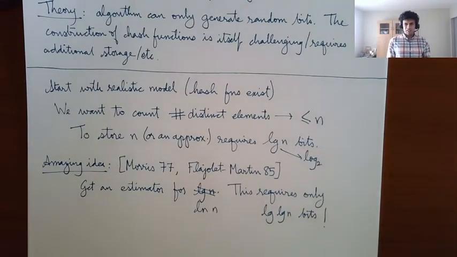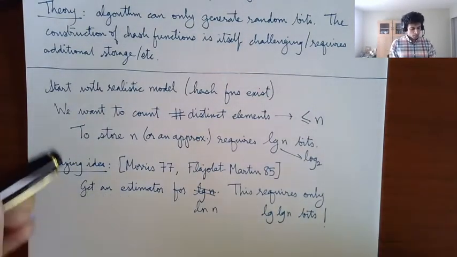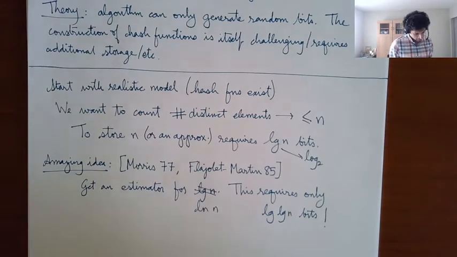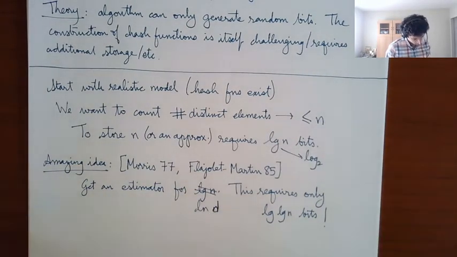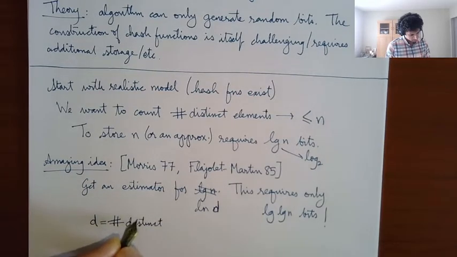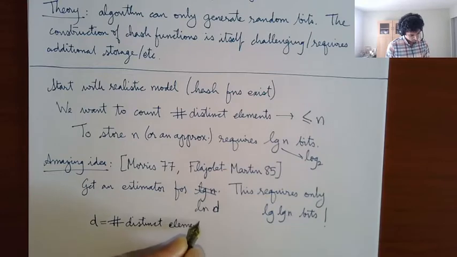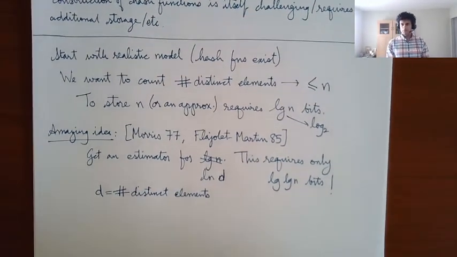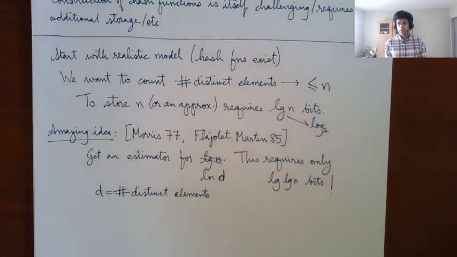So the amazing idea is, instead of trying to estimate the number of distinct elements, you try to estimate log of d, where d is the number of distinct elements. And this is going to require at most log n bits. So is this clear? This is a very important and amazing idea, that instead of trying to get an approximation for the number, try to get an approximation for the log of that number, and that can be stored in log log n bits. So this is amazing, right?